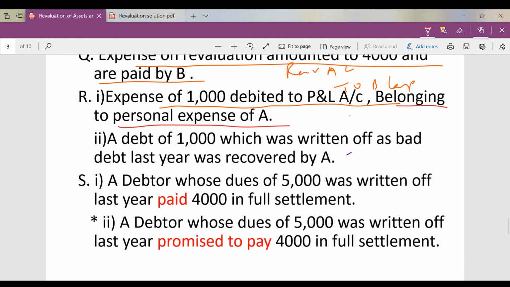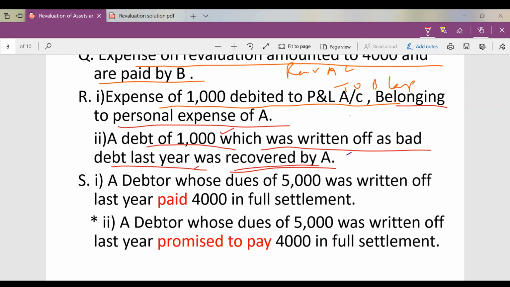Next is a debt of rupees 1,000 which was written off as bad debt last year was recovered by A. Now what happened last year? 1,000 worth of debt, okay? Last year's debt, it has been written off. That means the bad debt entry has been made. So that's fine. But now it is recovered by A, he has got money, so he has recovered the bad debt.